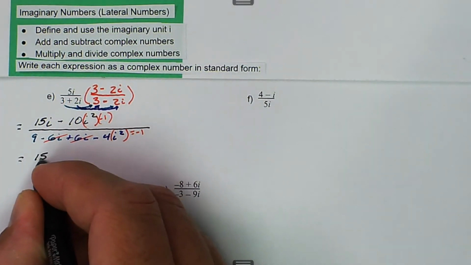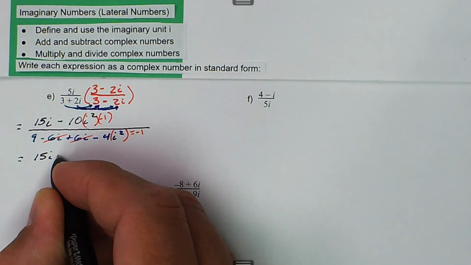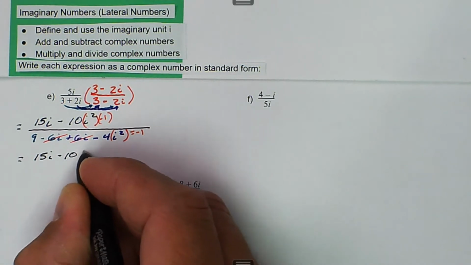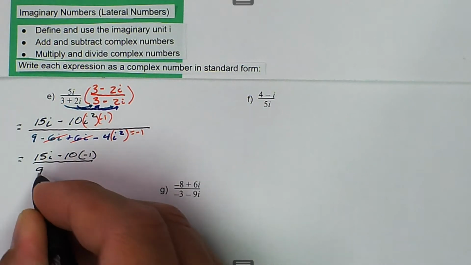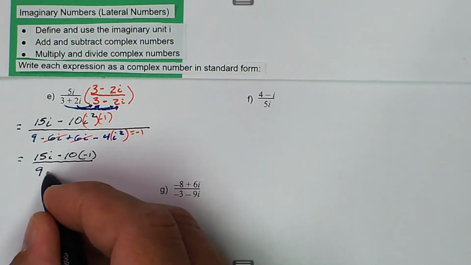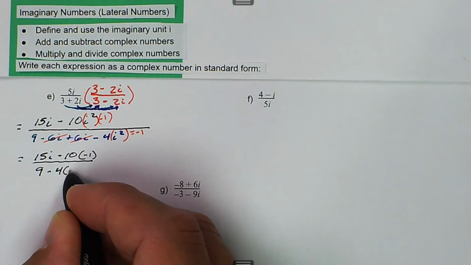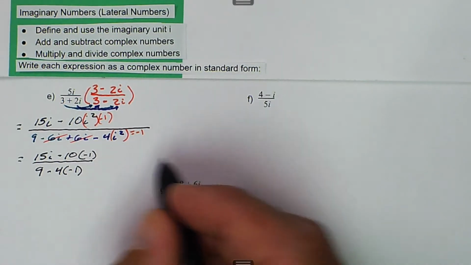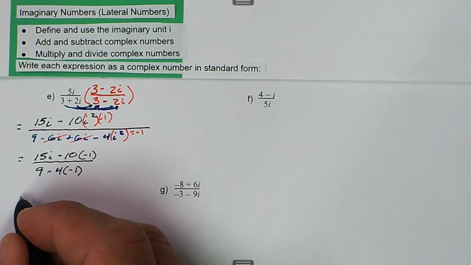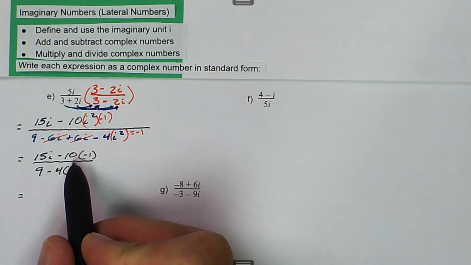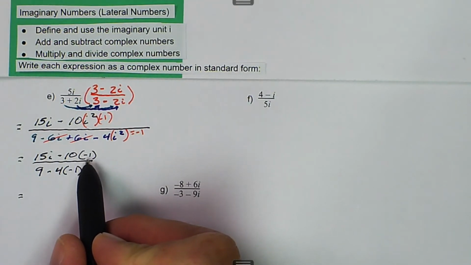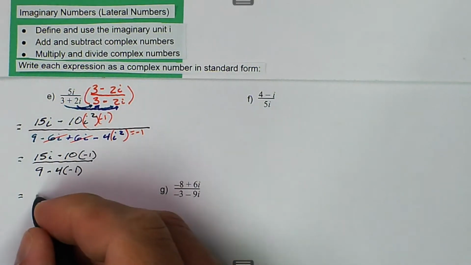We get 15i minus 10 times negative 1 over 9 minus 4 times negative 1. So we can write that down further as negative 10 times negative 1 becomes positive 10.